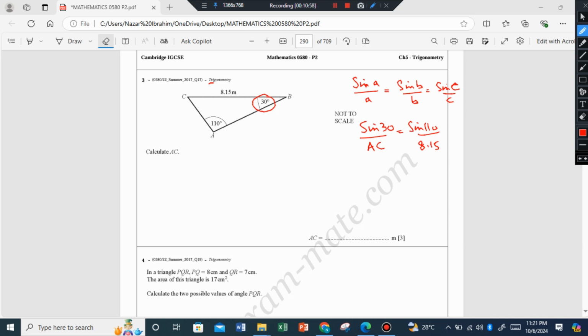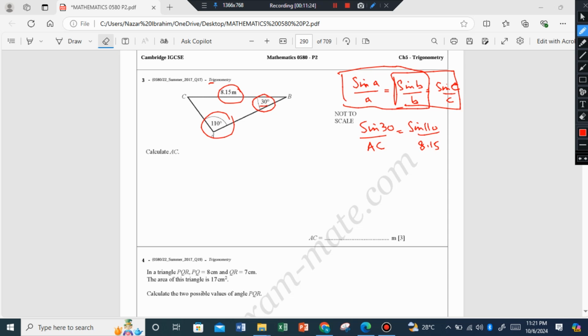Opposite to AC is angle 30, which is known to me. Similarly, the second thing is a pair of angle and opposite side should also be known to me. That is also given to me. So I apply this formula. I can use any two of these ratios, right? There's no restriction to that.